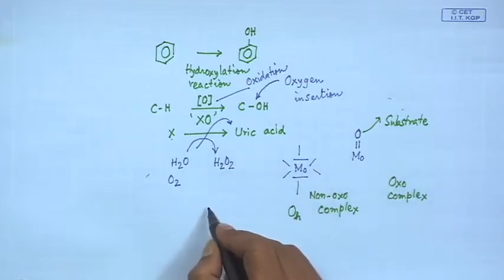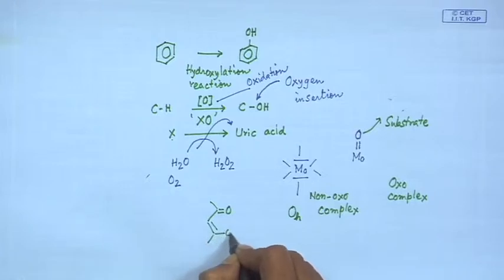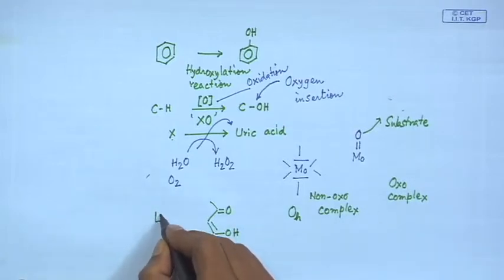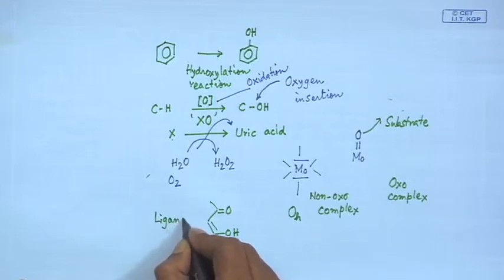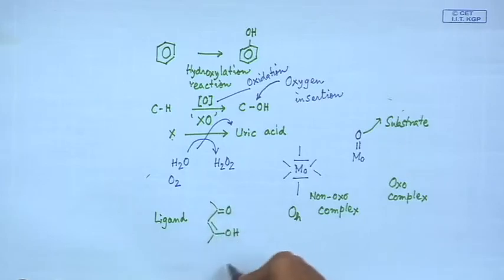So, if we take a very simple ligand system, because like that of our protein, we always think of some activation from the ligand system, that means the coordinating groups. The ligand system here has two oxygen donor groups.